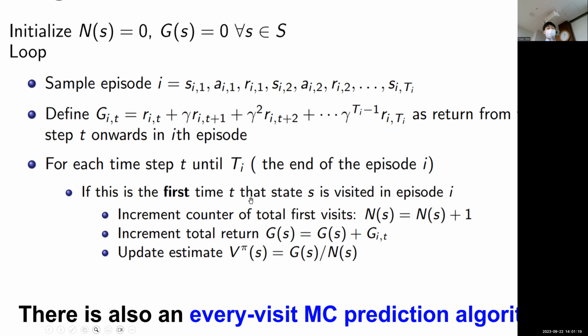Then this is the first time t that we visit in episode i. Then we calculate the count, how many times we have visited among all the episodes. Then increase the total return, accumulate all the returns in every episode, then calculate the average. Okay?